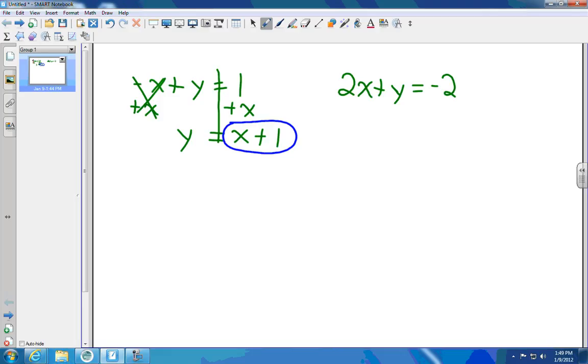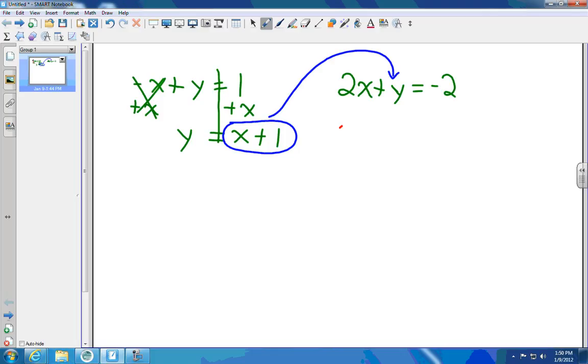You're taking what you got here when you solve for y, y equals, and you are putting that into the other equation for the y. That's what step 2 is. You're substituting that in there. Exactly. So instead of y, you're going to have x plus 1 in there.